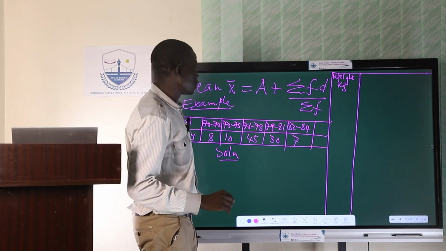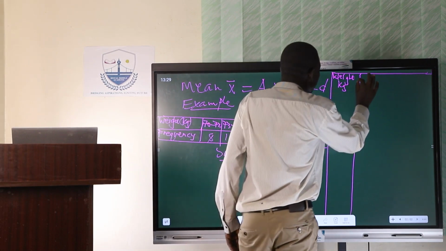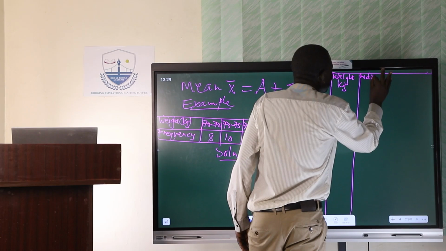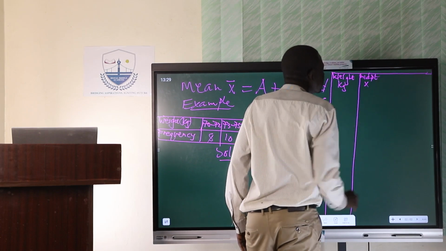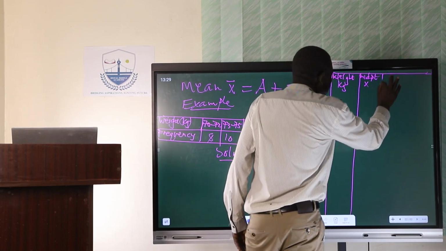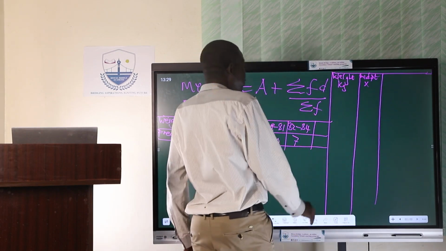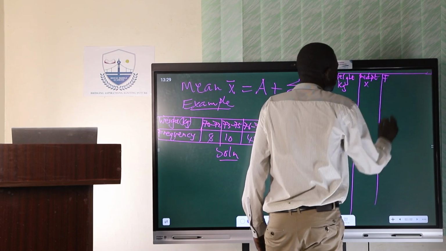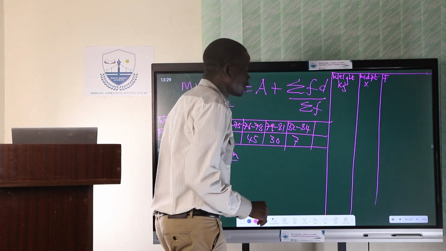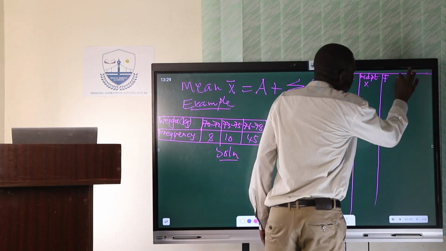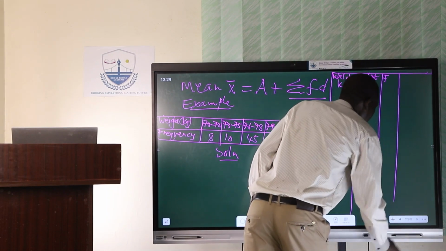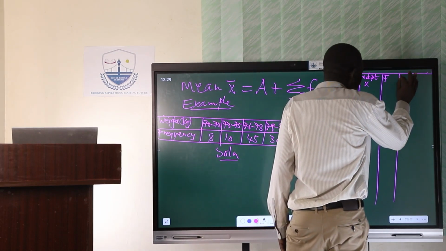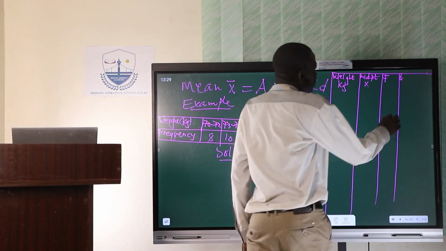Then we shall have the midpoint, which is represented by letter X. Then we shall have the frequency values. Then we now have D, or what we call a deviation.